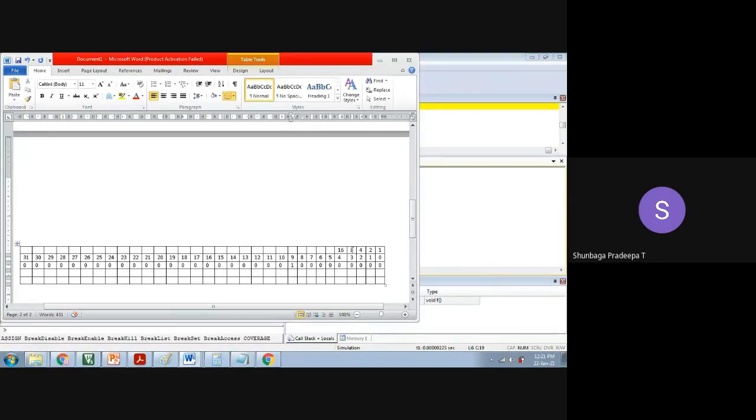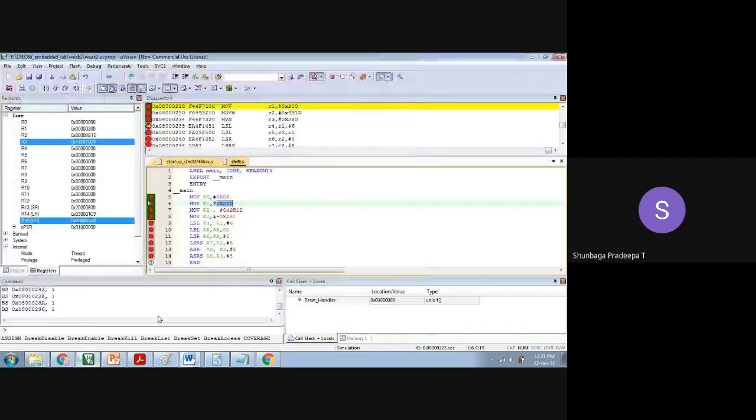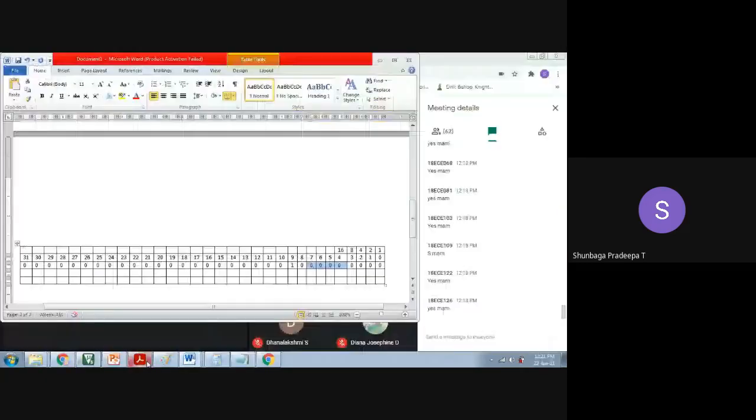The first 4 bits are 0, next 4 bits are 0, and next is 2. This is your binary number hex 200. This bit you have to take and shift left by 6 times. What will you get?